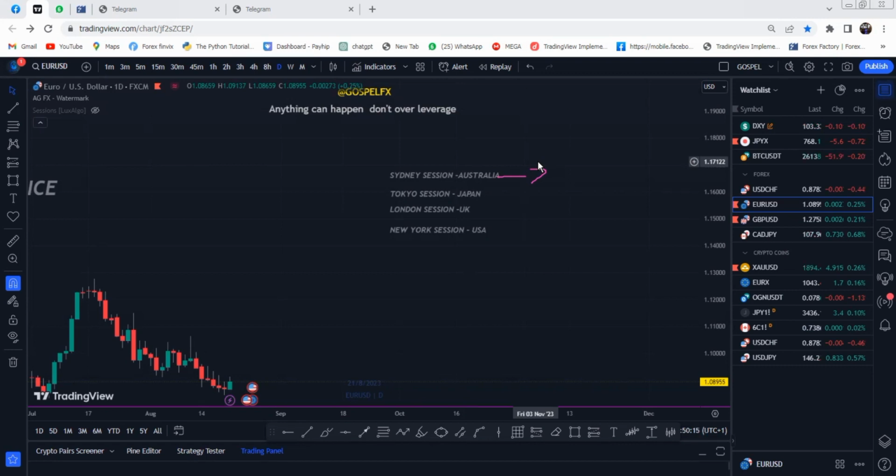So you will have to convert this time so that you will know the time that a session is currently on and the time that it is not active. It is very, very important, because there are certain movements in price that happen during particular sessions, during certain times of the day. Like I said, we are going to look at the chart.